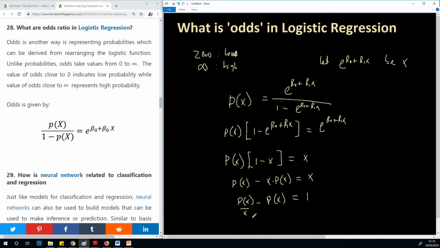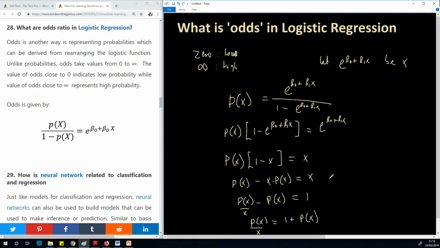So now we have p of x over X equal to 1 plus p of x, all right?